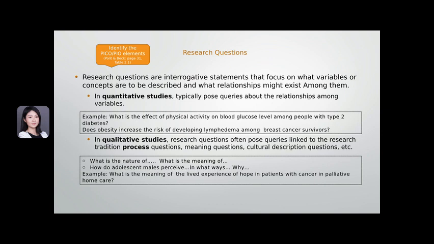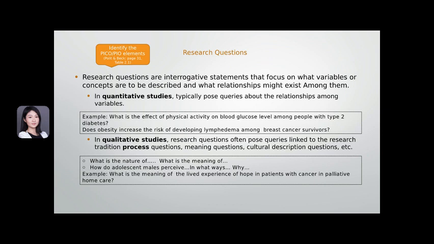Qualitative studies are likely to ask how and why questions, such as the process, the meaning, and descriptive questions. It stipulates the phenomenon and the population of interest.